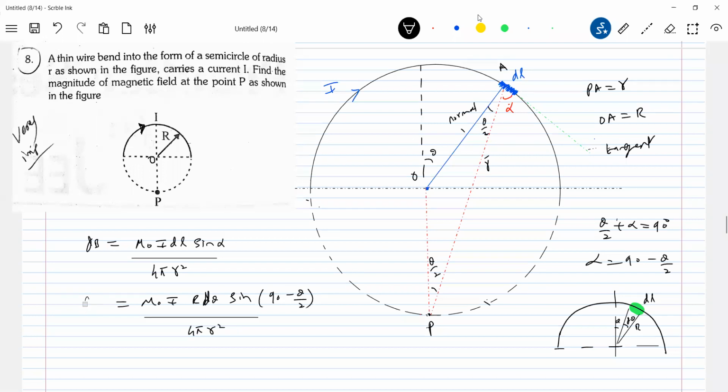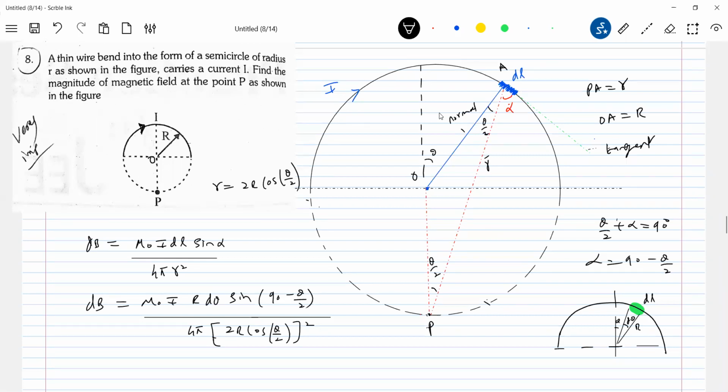What to replace with r? Smaller r is 2R cos theta by 2, whole square. Anything you can apply. So here I'll write 2R cos theta by 2. Substitute this. Let me write that also. Now solve this.